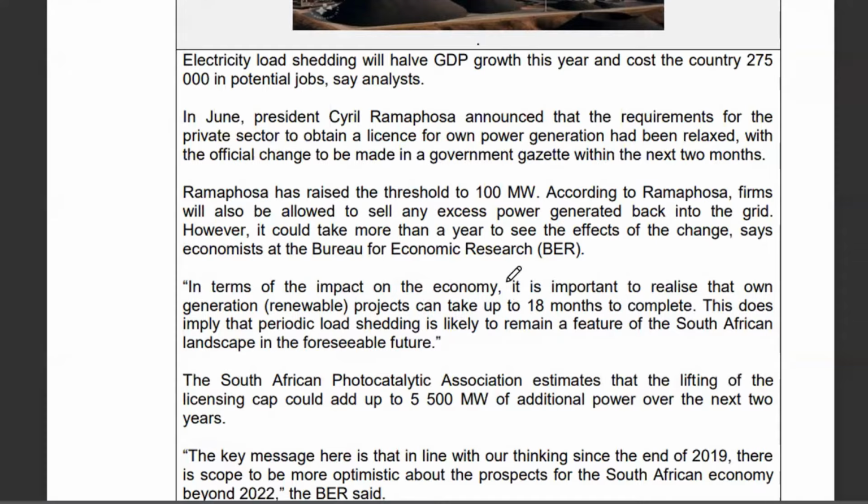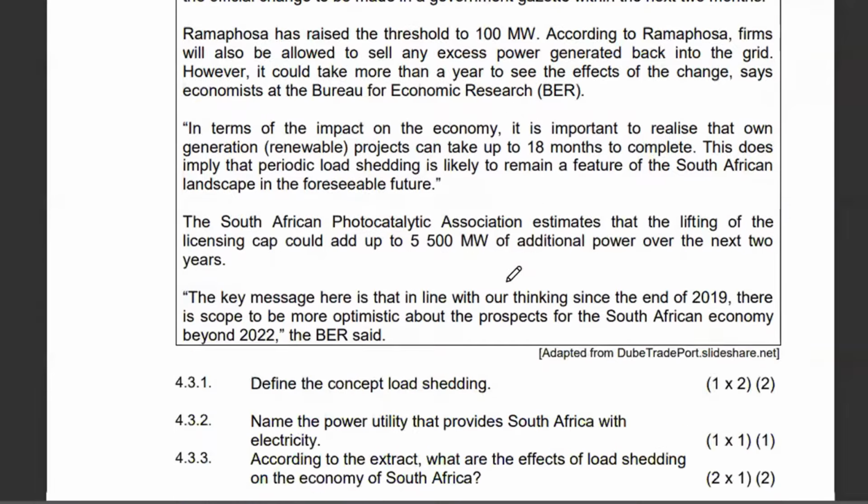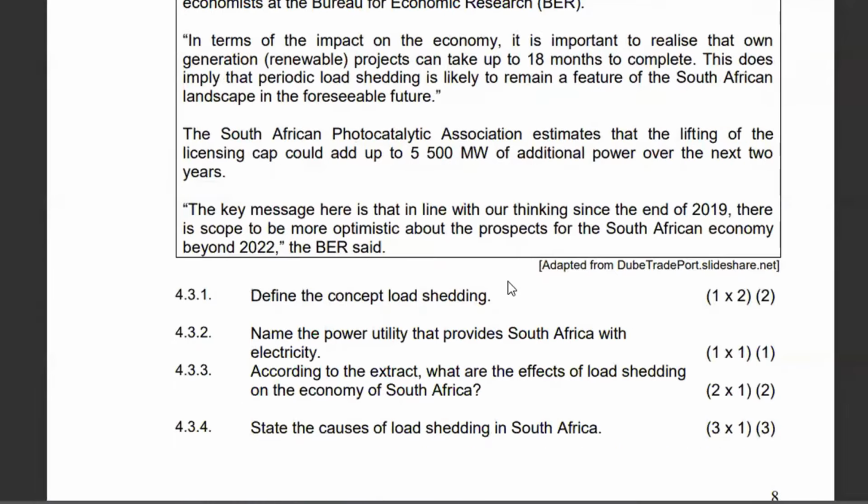Ramaphosa has raised the threshold to 100 MW. All right, so you can define the term load shedding as the action to reduce the load on something, especially the interruption of an electricity supply to avoid excess load on generating plant.